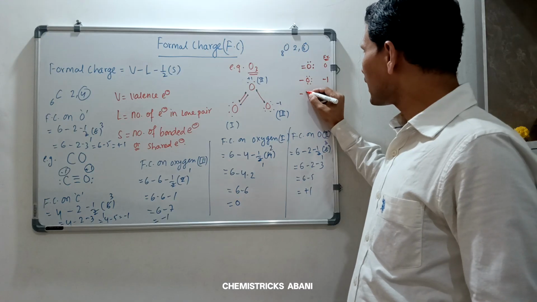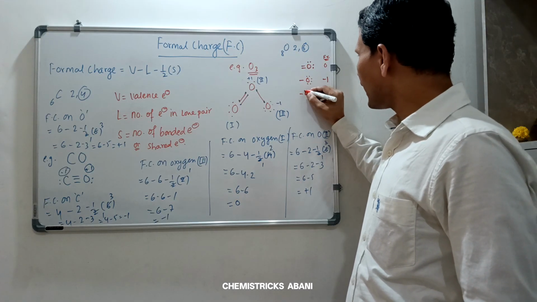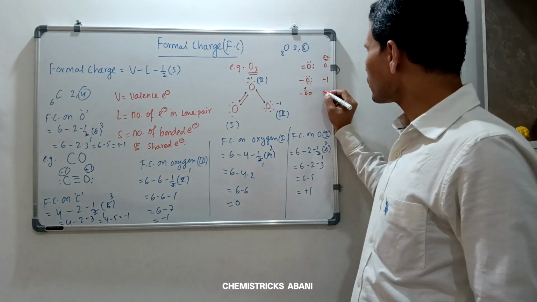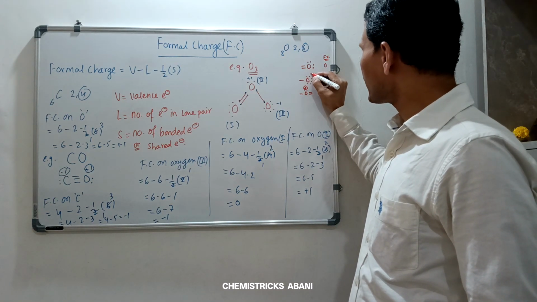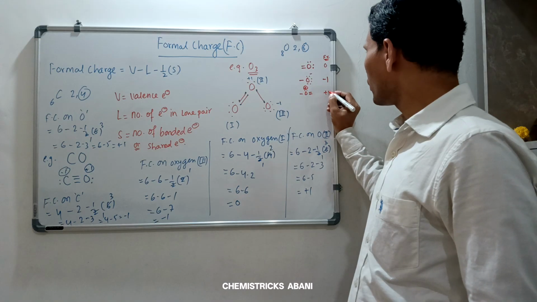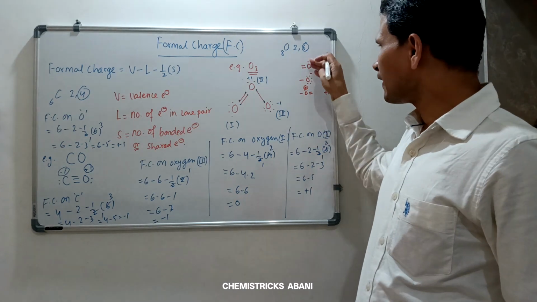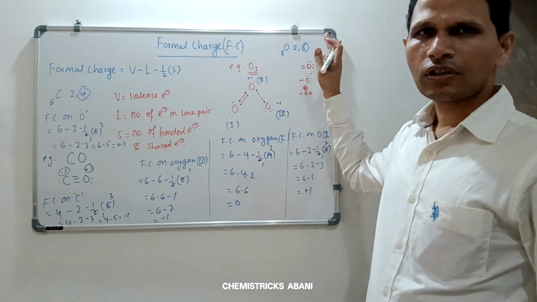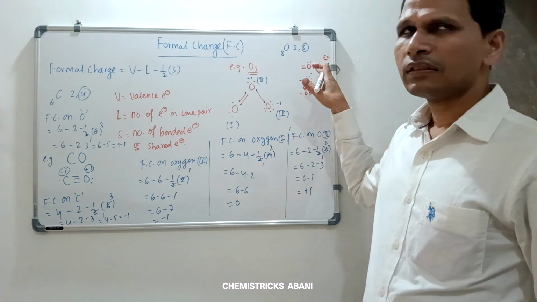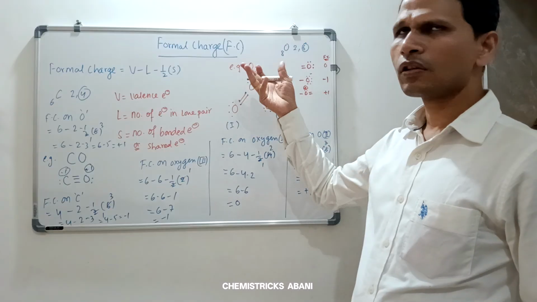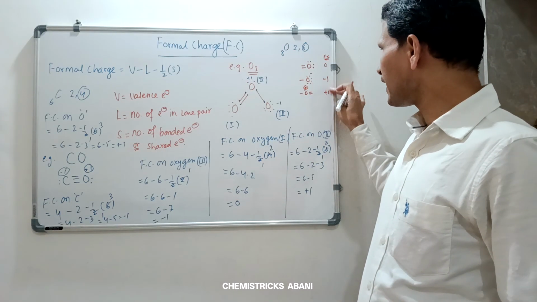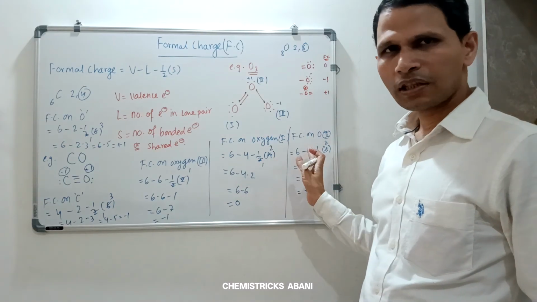If there are 3 bonds and 1 electron pair, then the formal charge is always plus 1. Here I will write plus 1, here minus 1, and there 0. So this way I can summarize this for any structure of this formal charge concept or Lewis structure. Wherever this condition is there, I can easily write this without using the formula.